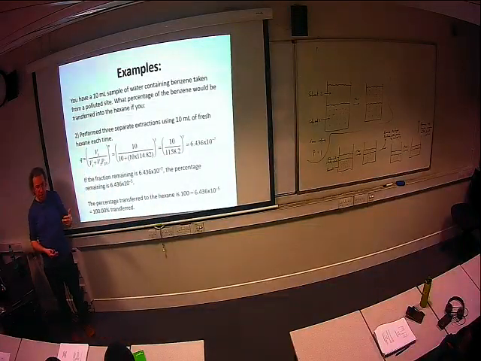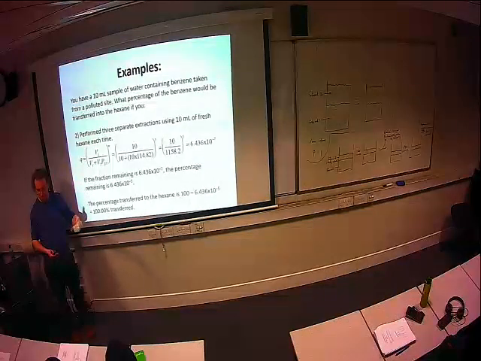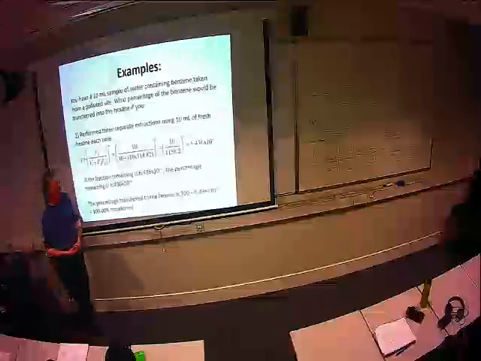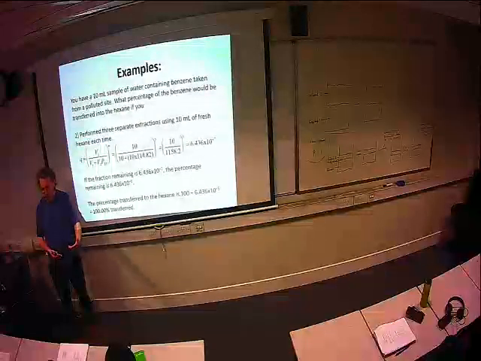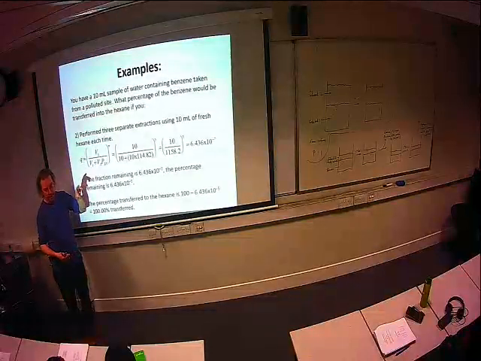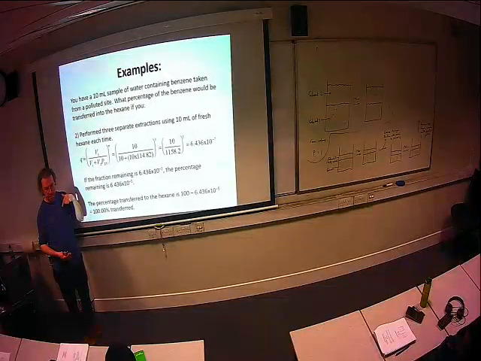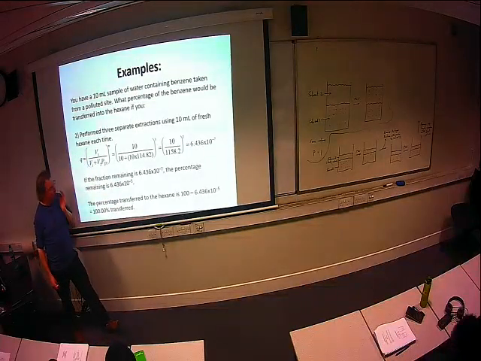If you do repeated extractions, for the second extraction you're going to multiply the original value of Q by the same number. So it's going to be Q squared for the second extraction. Then you do a third extraction, you multiply by the same number again. So call it Q1 for the first extraction. That value, if you do it 3 times, is going to be Q1 cubed. That gives you the overall proportion that's left behind.